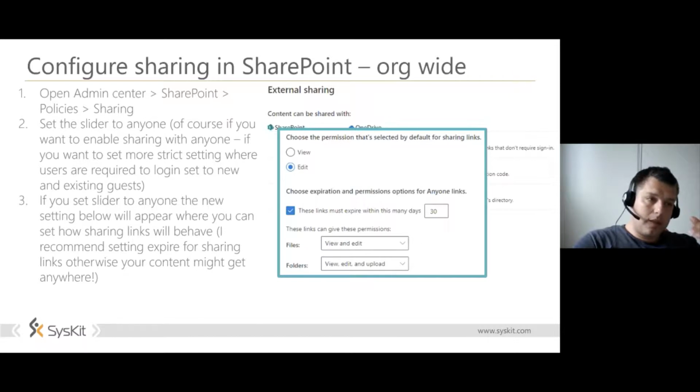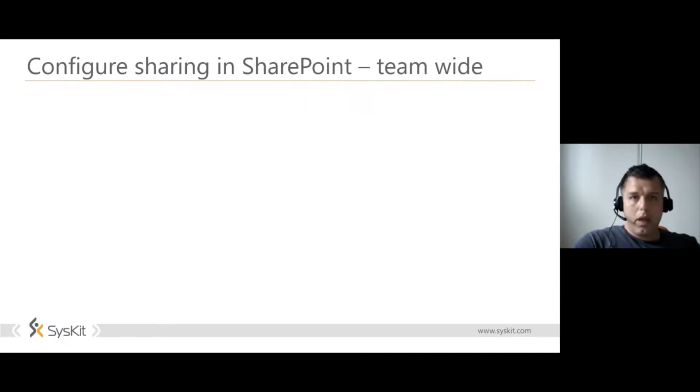That is why I recommend setting this to expire, because after, let's say, 30 days, the link will expire, and if something needs to be shared again, they will be required to create a new sharing link. But of course, you will have more control over it.